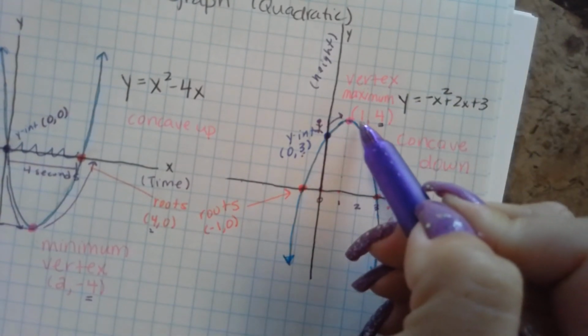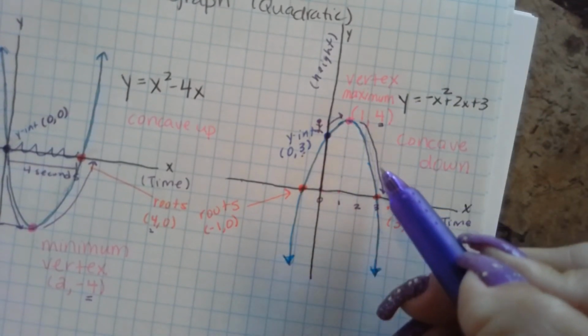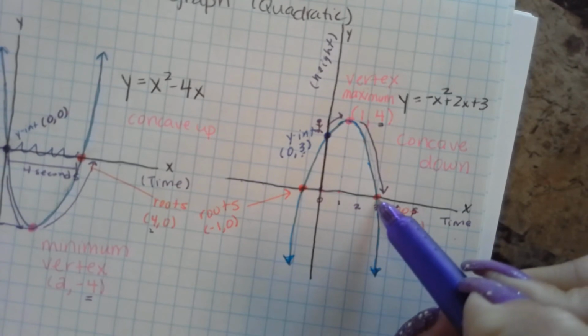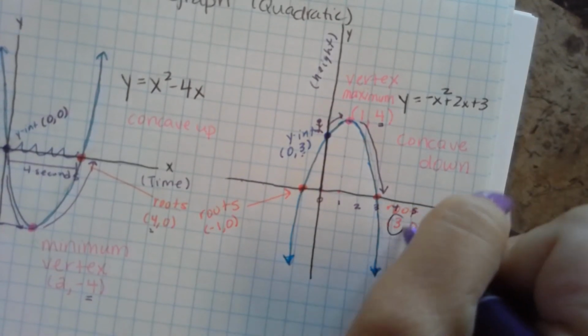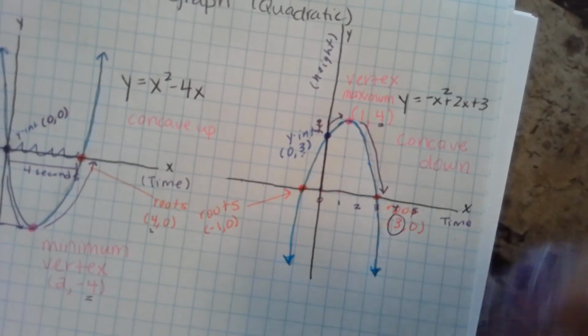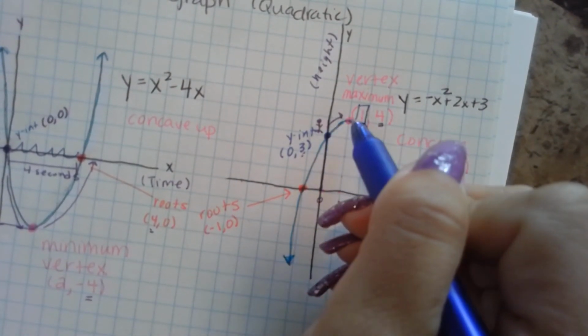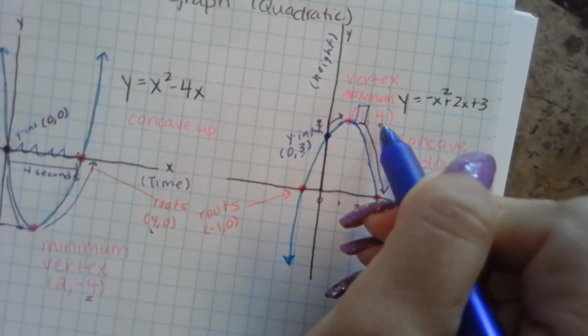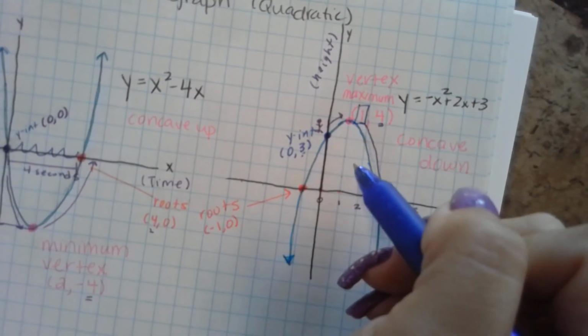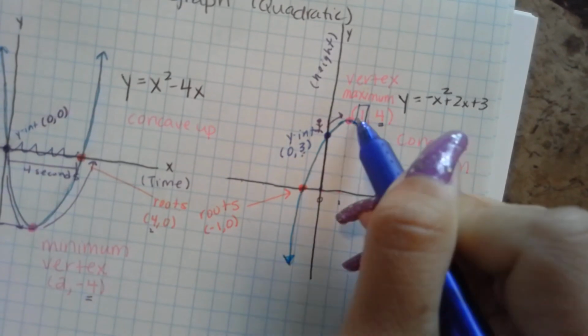And then, you know, gravity pulls that ball back down, and so then it hit the ground, because this is your root, at 3 seconds. So, the importance of this number right here is going to show you this is the highest that ball was thrown. So it reached 4 feet in 1 second, because anything in the x place is time.